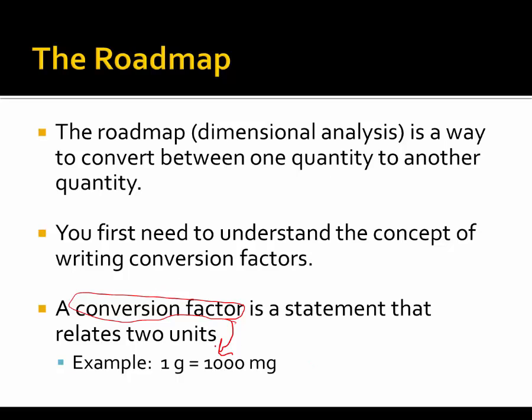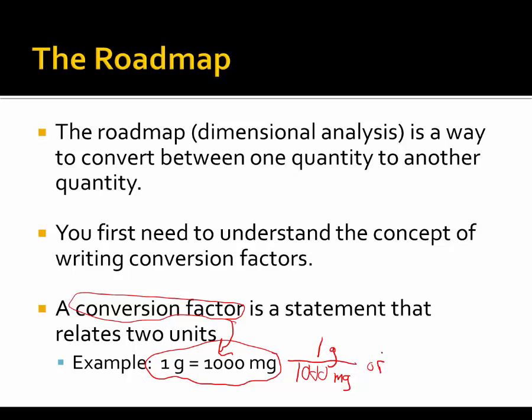And we're not going to use it in this sense here. We're not going to ever write it like this. We understand it to be this. The way that we're going to use it is like this, right? We're going to use it in math terms. So 1 gram compared to 1,000 milligrams.